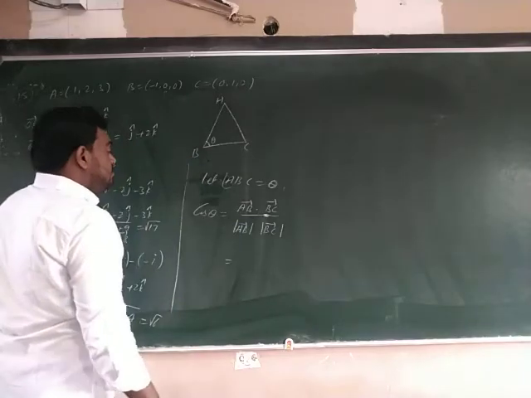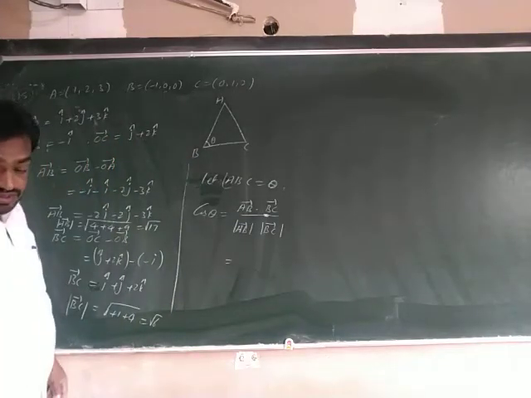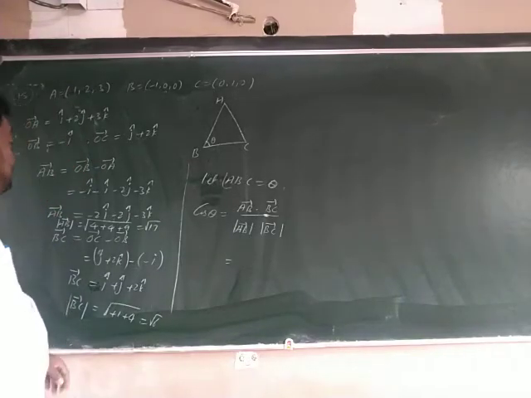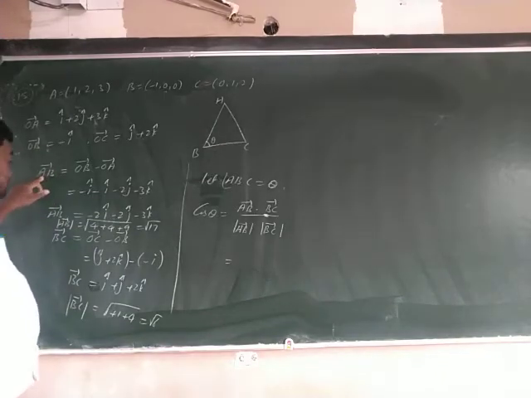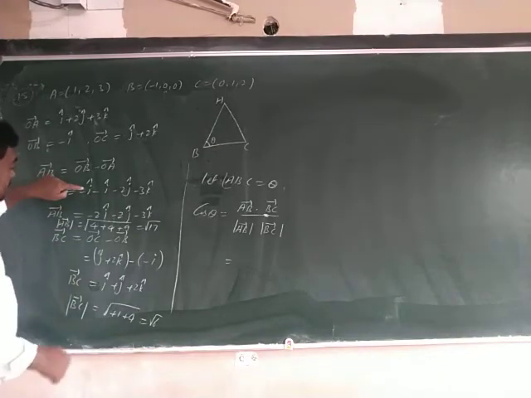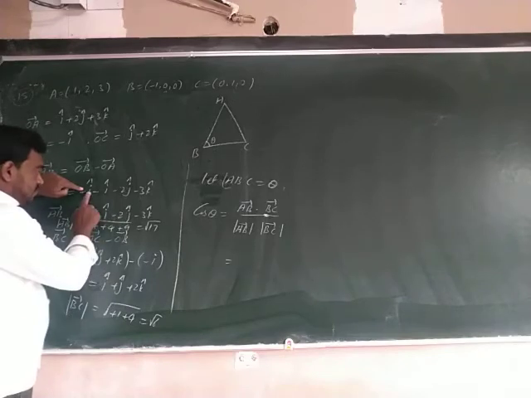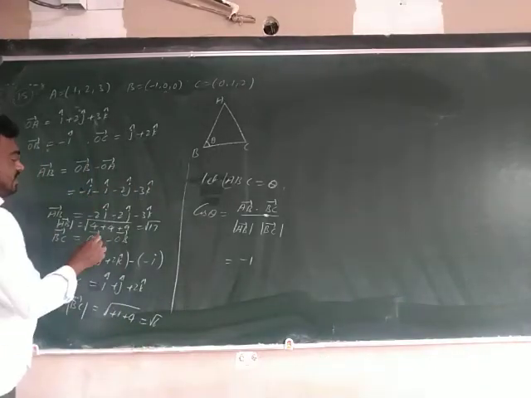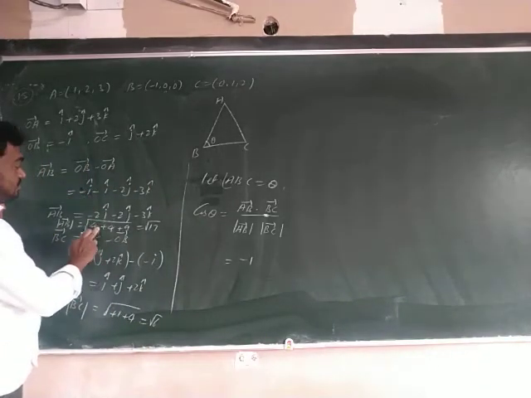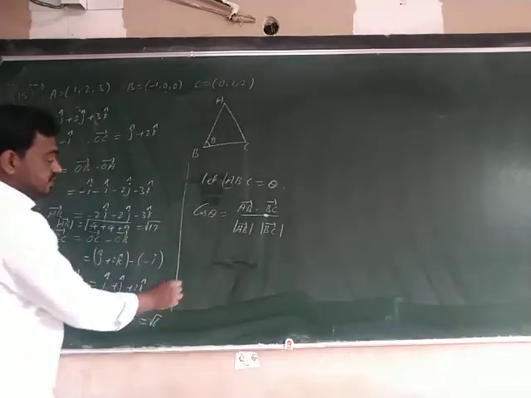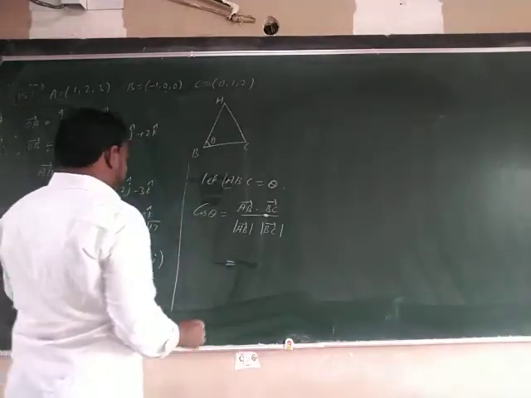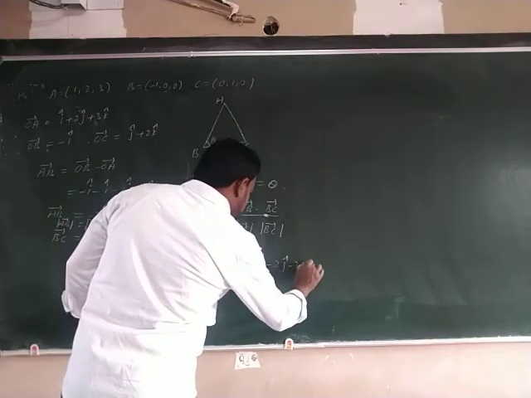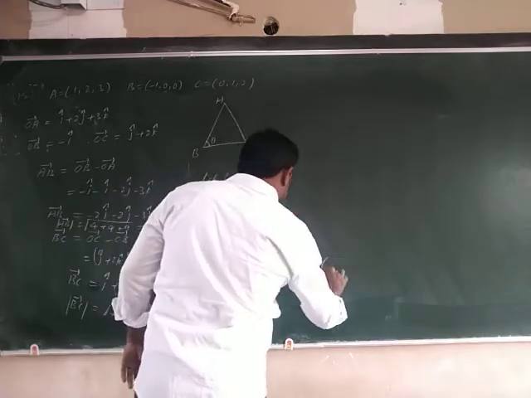So A dot B we are also finding, but I'm directly writing A dot B, that is AB dot BC. AB is minus 2 I cap minus 2 J cap minus 3 K cap, dot BC.